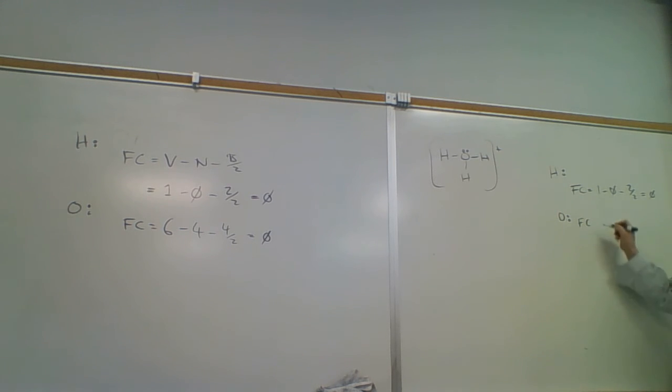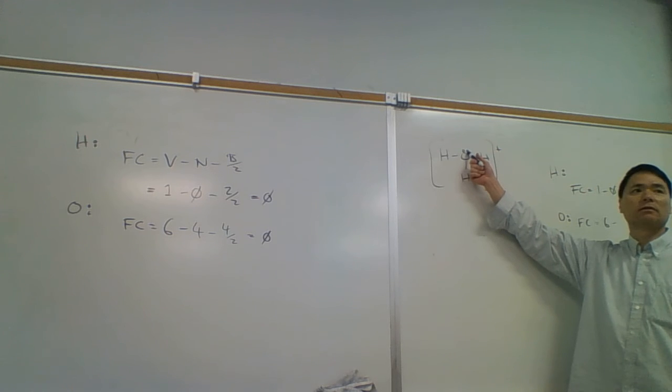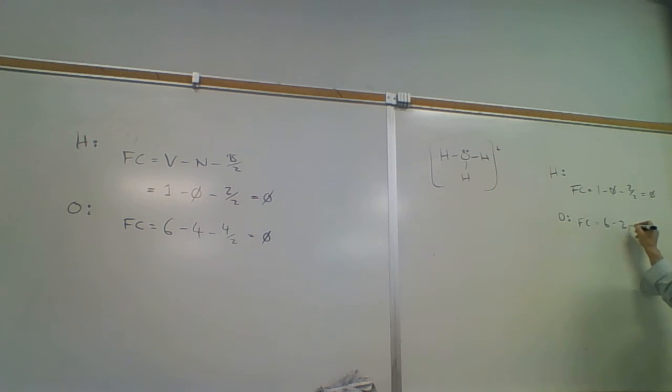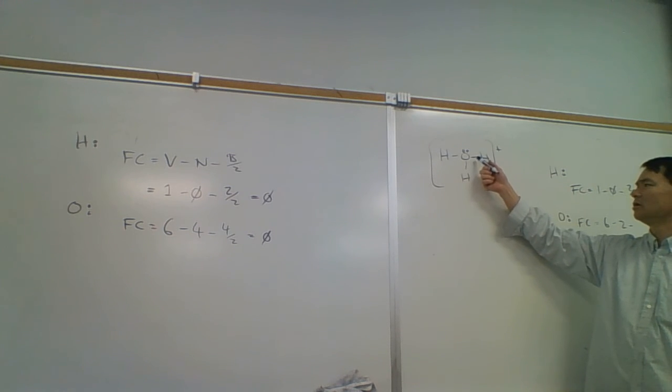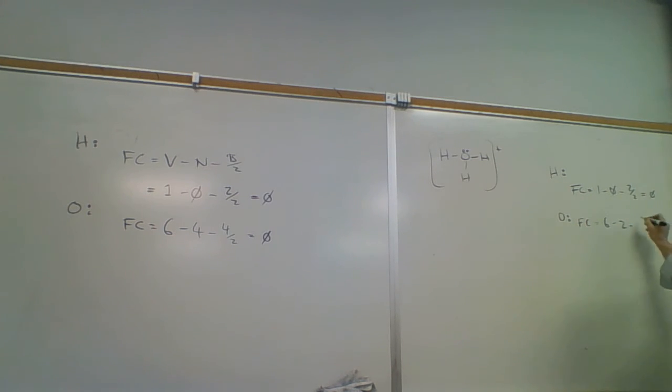Formal charge is equal to the number of valence electrons on oxygen, 6, minus the number of lone pair electrons or non-bonding electrons, 2, minus the number of bonding electrons divided by 2. So how many bonding electrons on oxygen? 2, 4, 6. 6 divided by 2, 3.